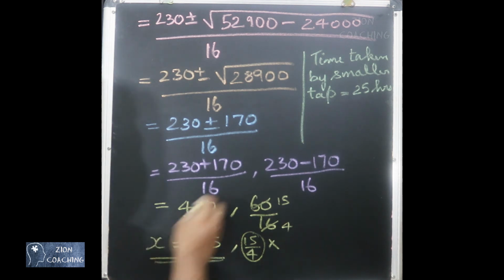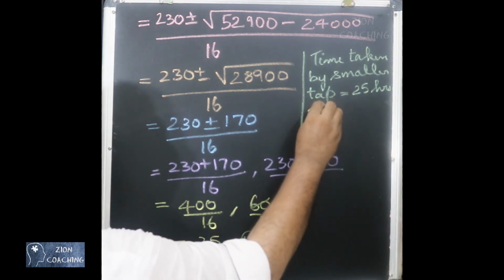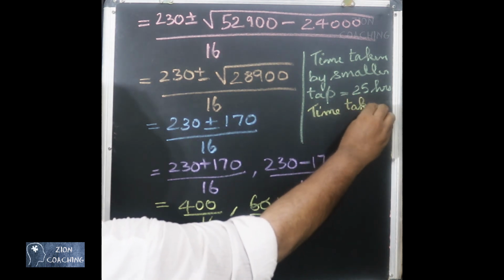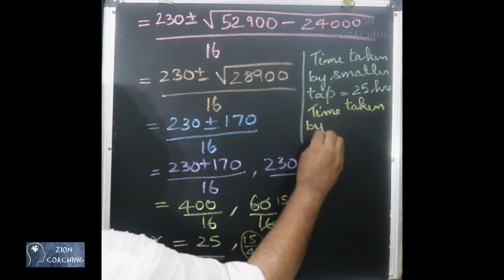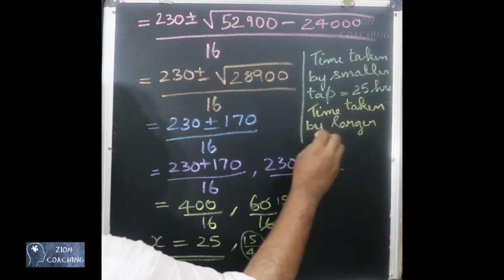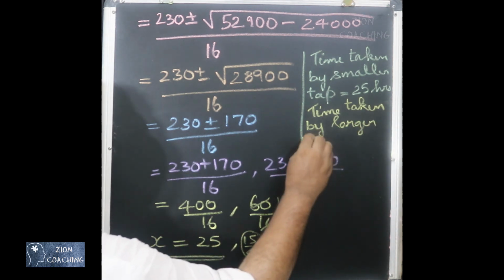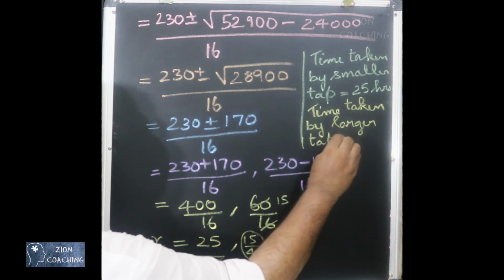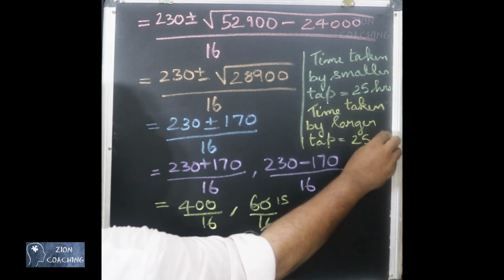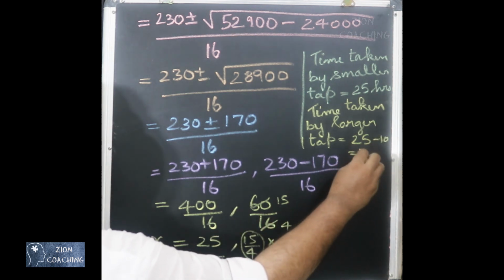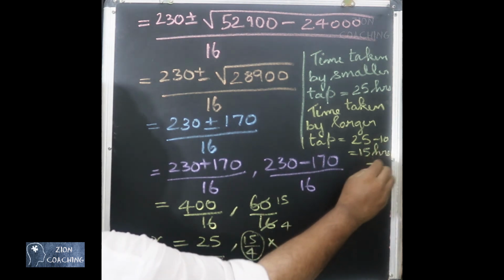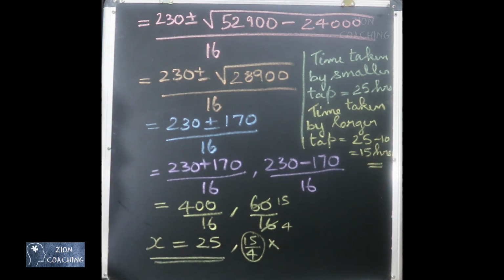Then the time taken by the larger tap. Larger tap means the tap having the larger diameter. The larger tap alone is going to take 25 minus 10, because we have taken it as x minus 10. That is, it is going to take 15 hours. Now we have found both the answers.